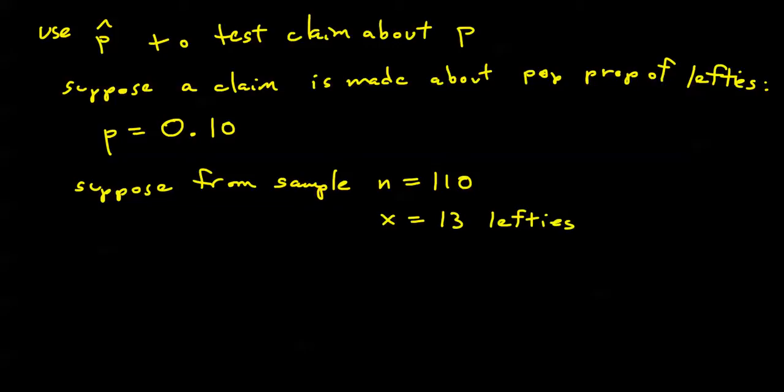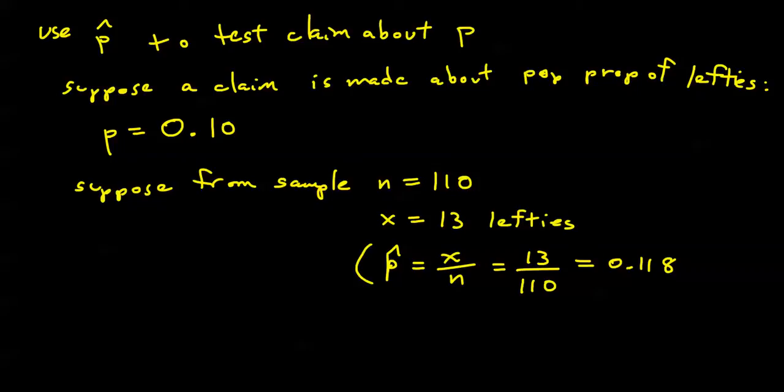So X is going to be our raw score, or our raw count of left-handed people in this sample. Hence p hat, our sample proportion, is nothing more than the number of lefties, 13, divided by 110. And if we grind that out in a decimal, we get 0.118.